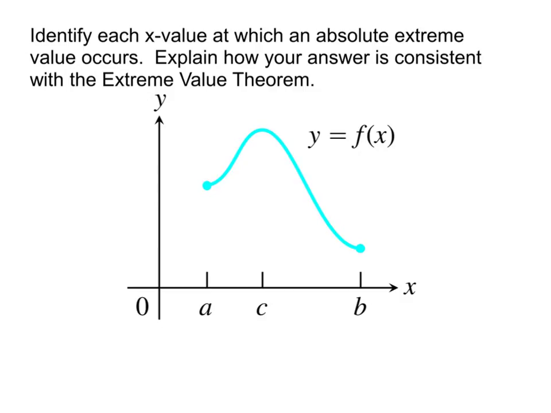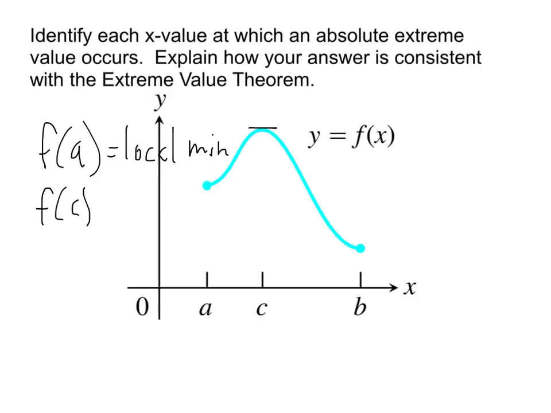Hopefully you labeled f of a to be a local minimum, not a global, but a local minimum. That endpoint there is a local minimum. Then f of c, remember we said that has a slope of 0 there, so it's a local max.